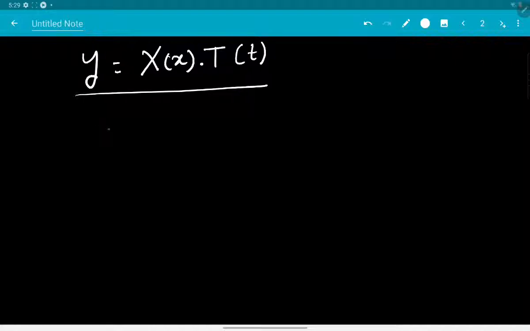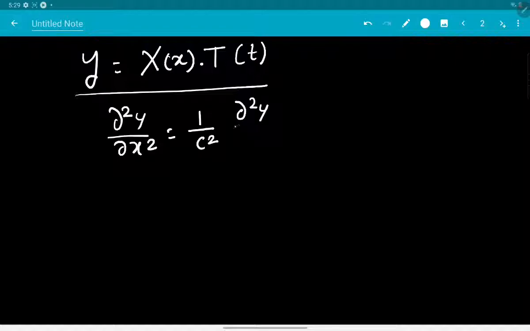So let me just invoke that differential equation. The differential equation that we were talking about is this: del square y by del x square is equal to 1 over c square, or rho by t, whatever you feel like writing, times del square y by del t square.